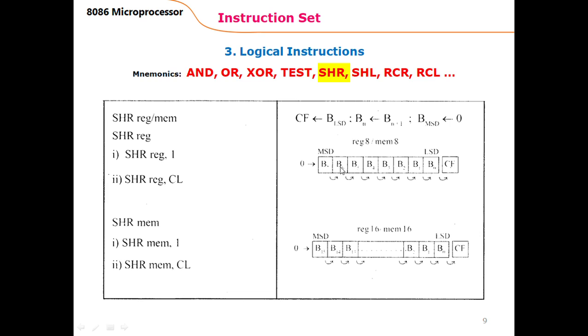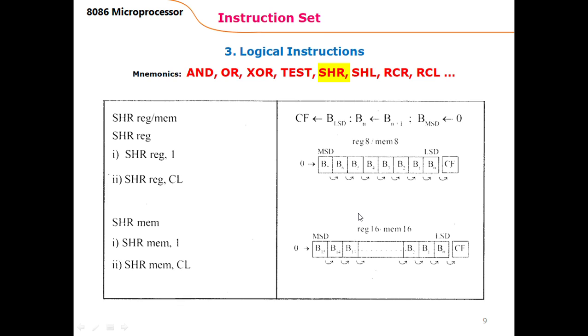For example, let's suppose this is an 8-bit register, and the bits of this register are represented with B0, B1, B2, B3, B4, B5, B6, B7. So this B0 is the least significant digit of this 8-bit value, and this B7 is the most significant digit of this 8-bit value.